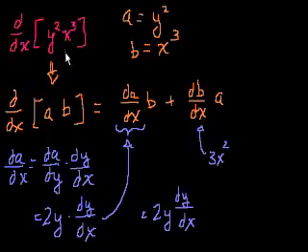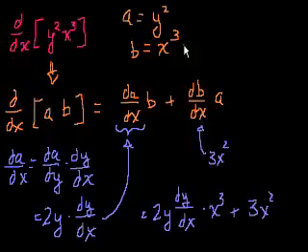And this is just from the chain rule, right? This was the chain rule. 2y times dy dx, and then times b. Well, what's b? b is x to the third, times x to the third, plus the derivative of b with respect to x. Well, that's 3x squared, times a. a is just y squared.